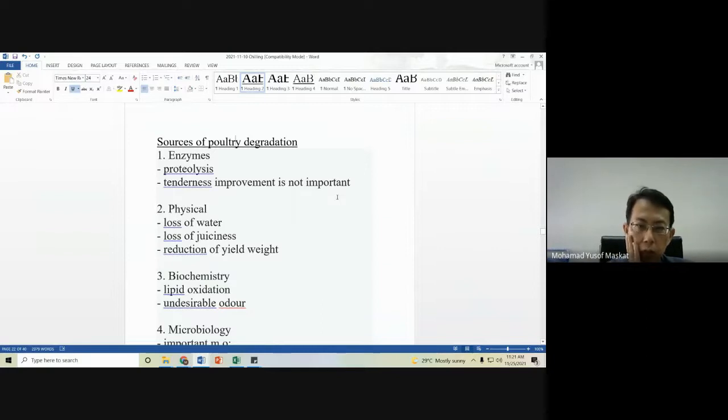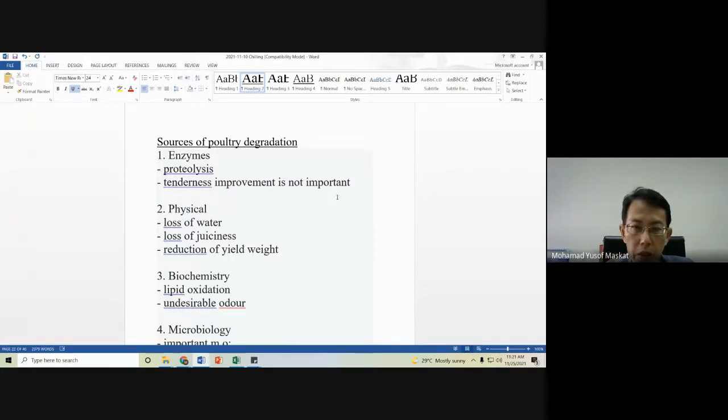So enzymes, proteolysis. For meat, it is important because we want the meat to be tender, especially in the Western countries, after slaughtering and then removing the skin and also the internal organs.